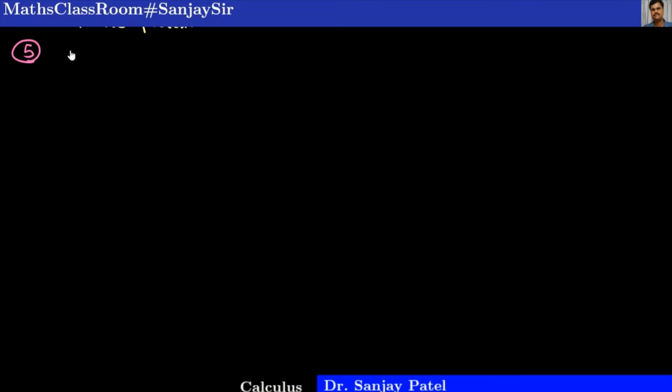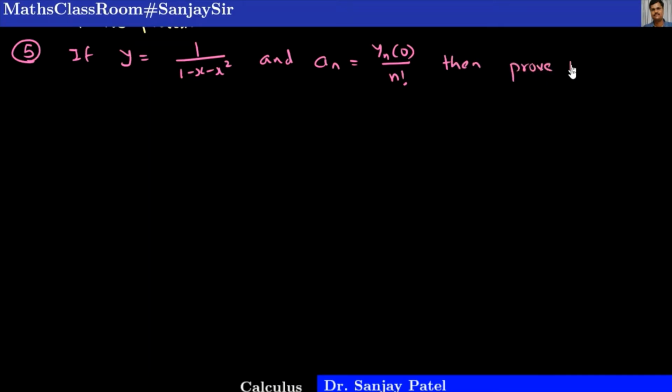If y is equal to 1 upon 1 minus x minus x square, okay, and an is defined as yn of 0 upon n factorial, then prove that an plus 2 is equal to an plus 1 plus an for every n.